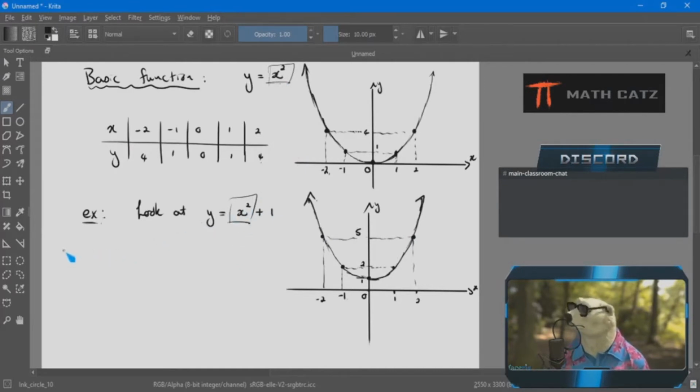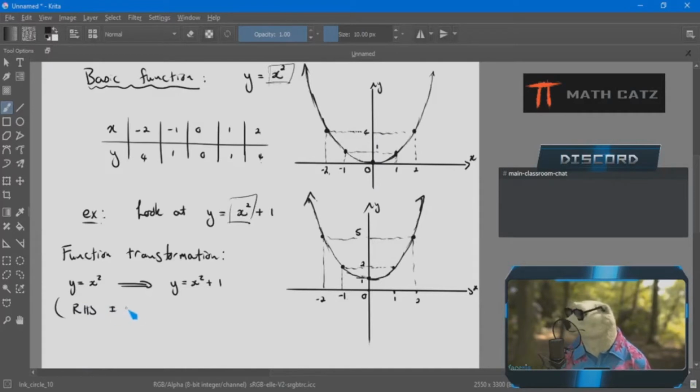So there is the function transformation, which is y equal to x squared changes to y equal to x squared plus 1. In brackets, the right-hand side stays the same, but plus or minus some number.